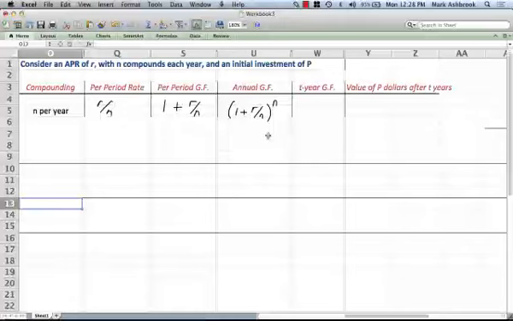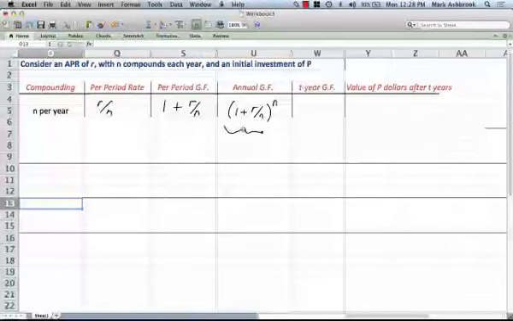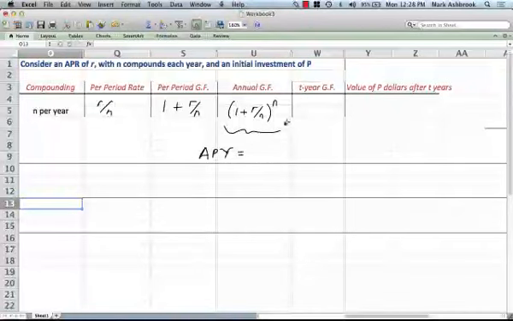How do we get the APY from that? You multiply that by P. He wants to multiply that by P to get the APY. What do you think? She said you get the answer and then you just take away the 1.